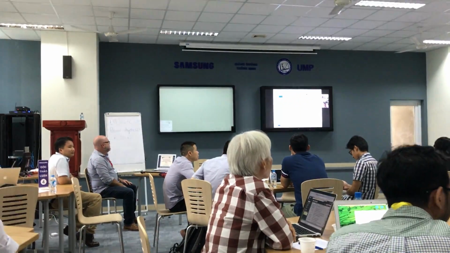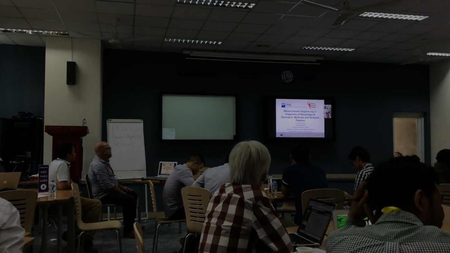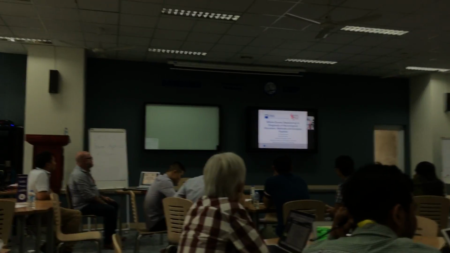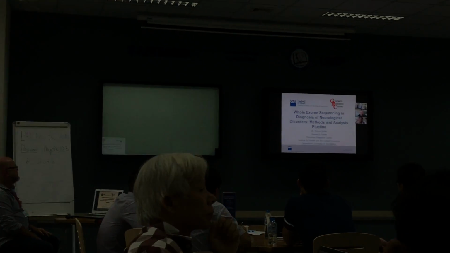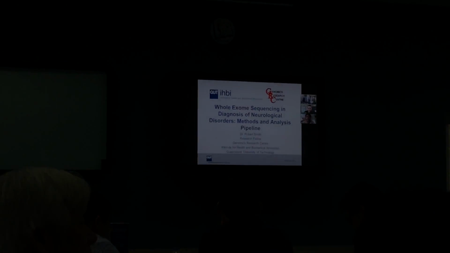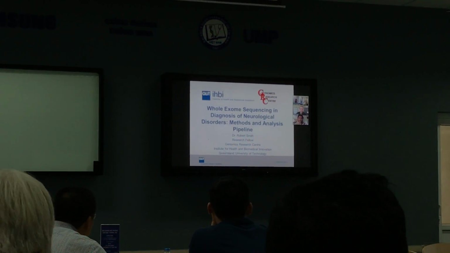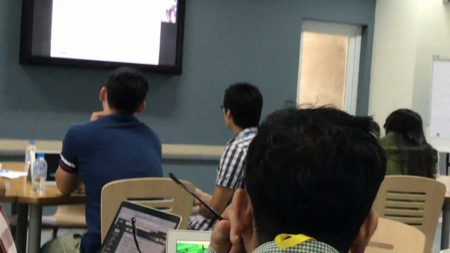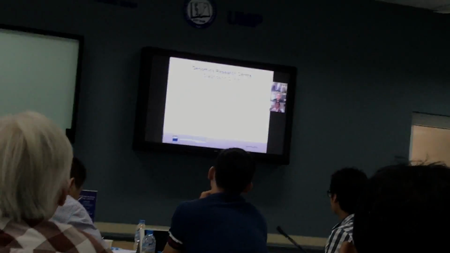So this is a description of how we do our work with the diagnostics of the neurological disorders that we do. So I'll just give this overview of our pipeline, and Miles will be giving the technical stuff afterwards. So we're an accredited diagnostic, and our work has grown from a research interest in migraine and early migraine syndromes.